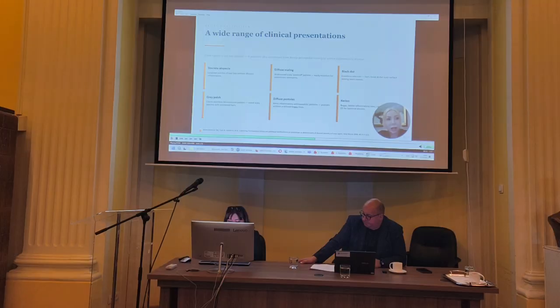Tinea capitis is not one disease. It presents as a continuum from barely perceptible scaling to severe inflammatory disease. Alopecia: localized patches of hair loss without obvious inflammation. Diffuse scaling: widespread scaly pattern, easily mistaken for seborrheic dermatitis.